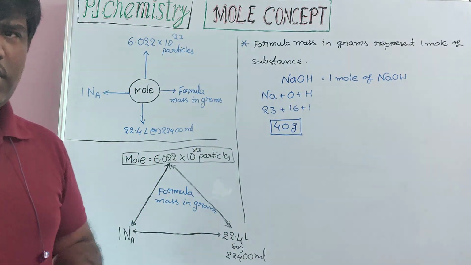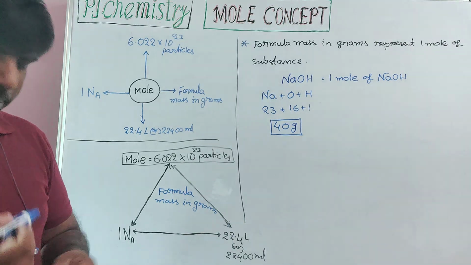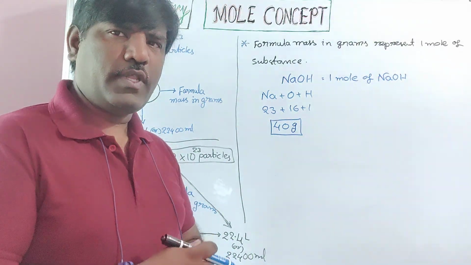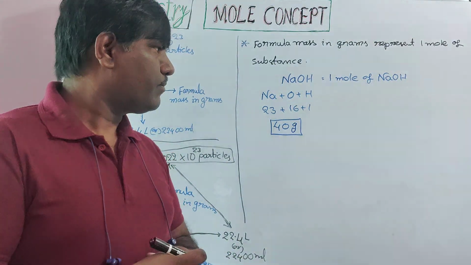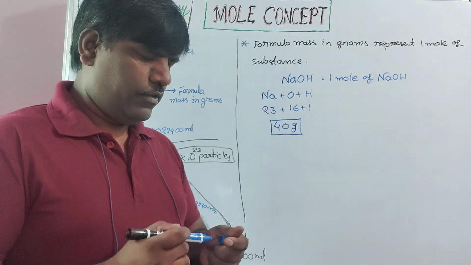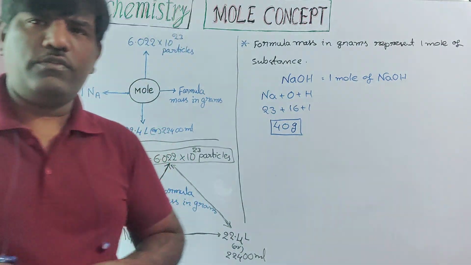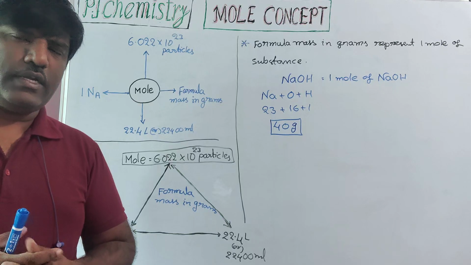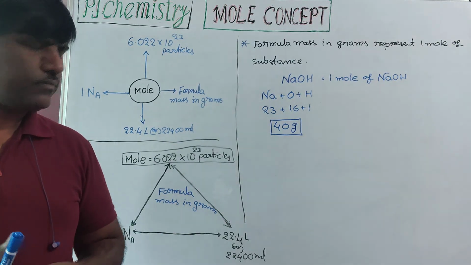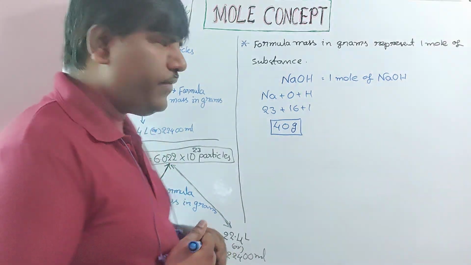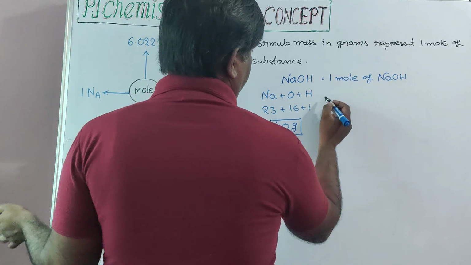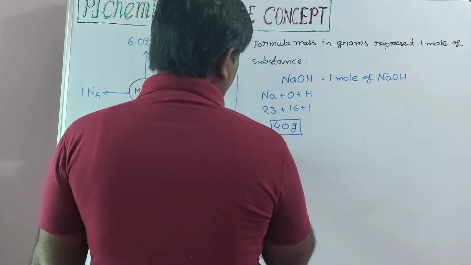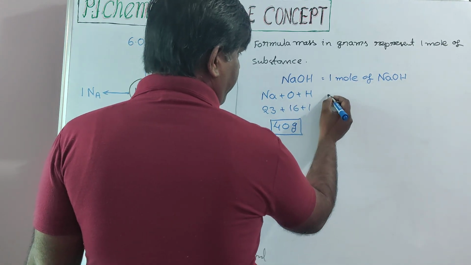Now, my question: I want the value for 5 moles of sodium hydroxide.